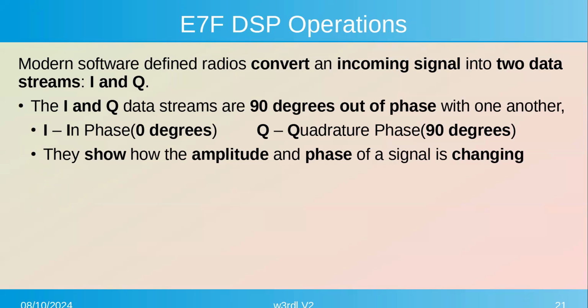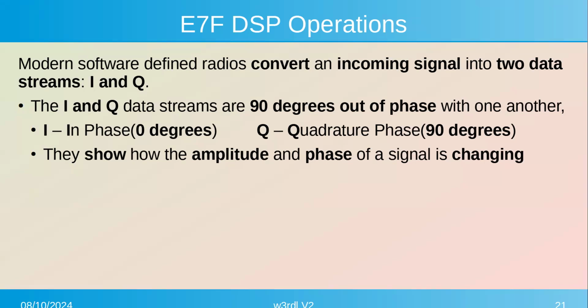A lot of the newer software-defined radios, I'd say most of them, basically split the signal into 2 data streams called I and Q. I stands for in phase, Q stands for quadrature phase, which means it's 90 degrees out of phase.